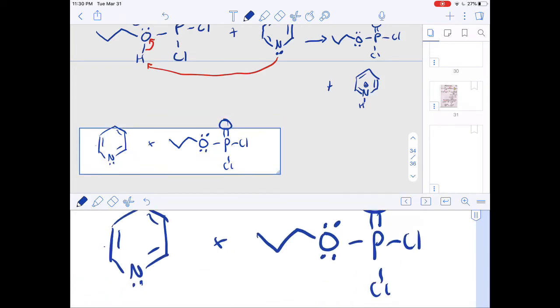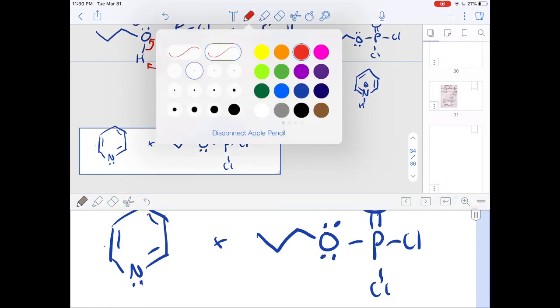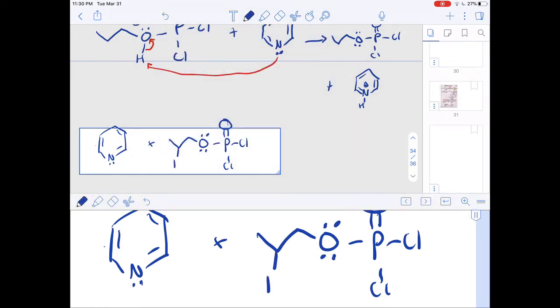And what's going to happen is that the pyridine is going to pull off a beta hydrogen. So one away from the carbon that's bonded to the O. So if this is the carbon bonded to the O, we're going to want to move one away. So moving one away is here. So it's going to pull off this hydrogen here. But I'm going to draw that in blue.